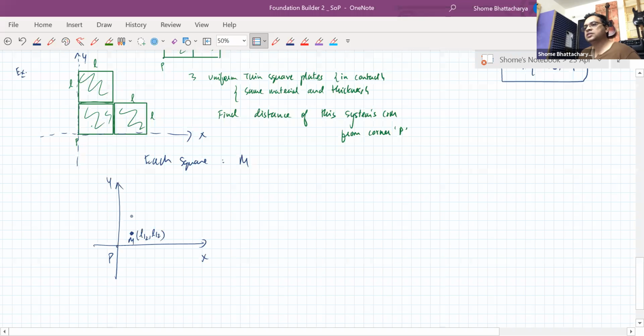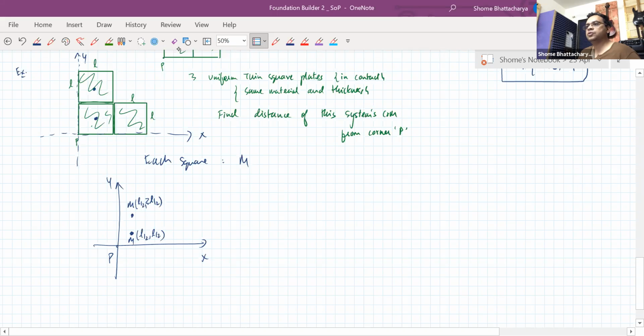Then I can place the second mass on top of this. This is block 1, let's say. Then this block 2 on top of it will be at a distance L above, so its center of mass will be at L by 2 comma 3L by 2.